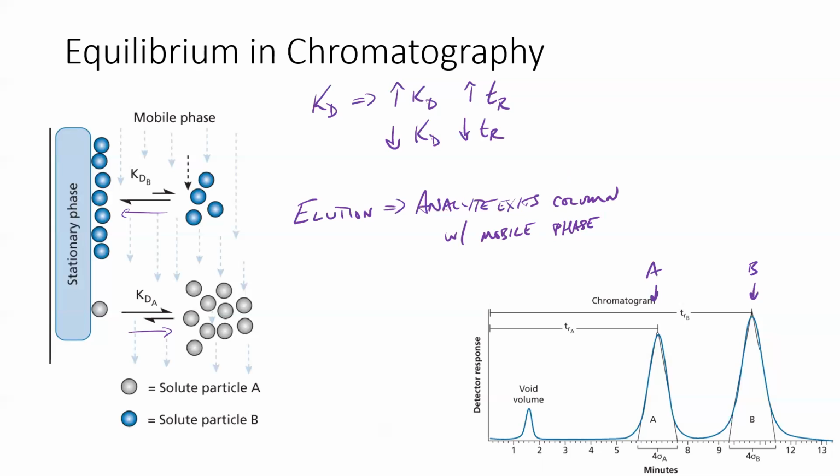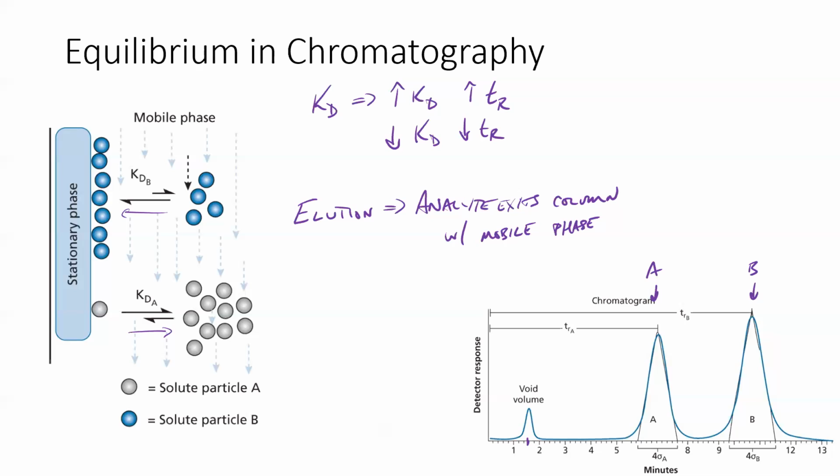And then in this particular example, they also had some kind of marker to show us the void volume. The column itself has a certain amount of volume. If it's mostly stationary phase with a little bit of mobile phase that runs through it, that mobile phase has some volume, and it's going to take a certain amount of time for the mobile phase to go from the injection point all the way down to the detector.